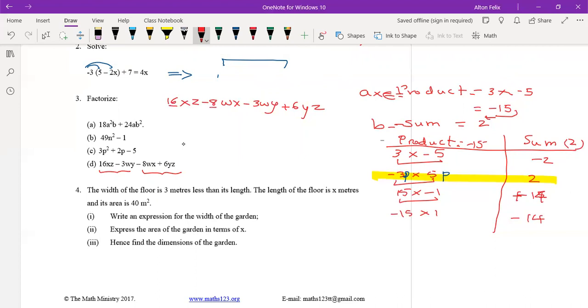16 and 8, so you can take out the number 8, and you also have the variable x common. So the factor placed outside the brackets will be 8x. You want to get back 16xz, so 8 by 2 gives you 16, by the x, and you write back your z. So that'll be 2z. You have 8wx, so this will be minus w. If you're doing it correctly, you'll get the same expression inside the next pair of brackets. So what can we take out?